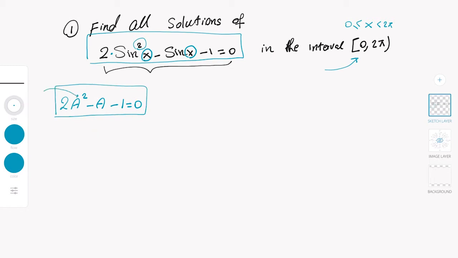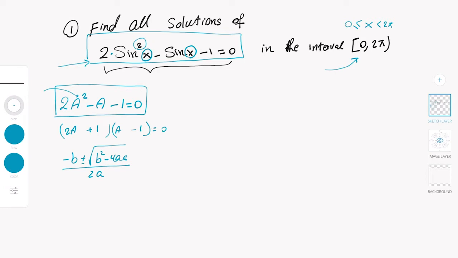We learned a few techniques to solve quadratic equations. One of them was factoring. Another one was the quadratic formula. So the good news is we can apply the same thing for this type of equation. If you factor it, it will be (2a plus 1)(a minus 1).